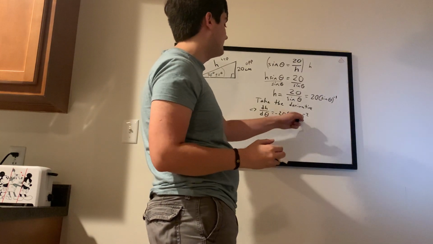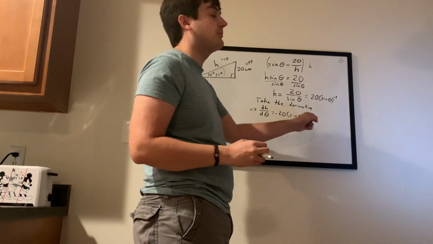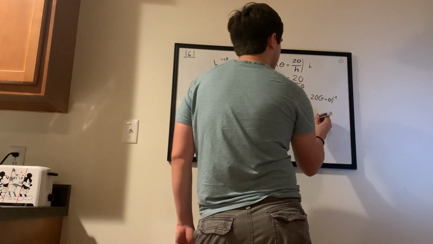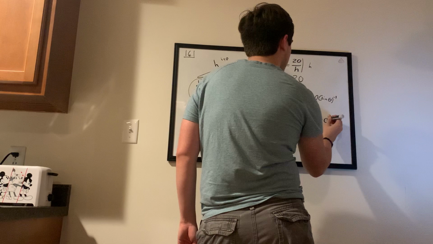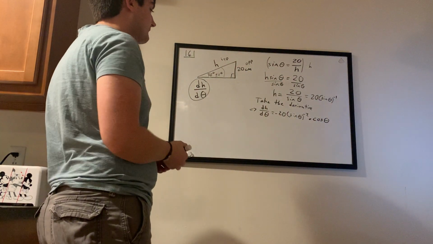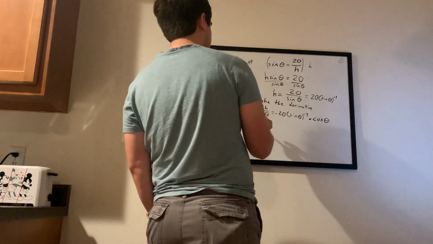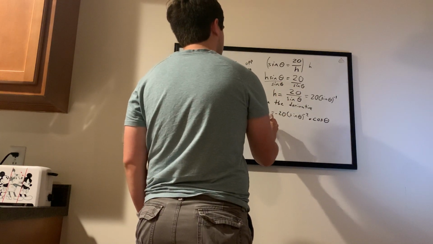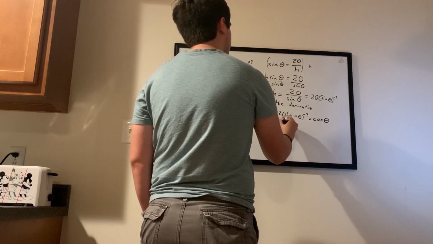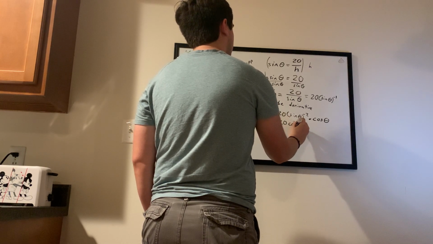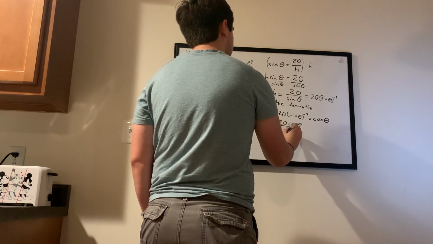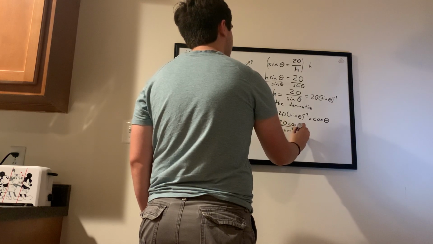Then, because of the chain rule, I multiply by the derivative of sine, which is cosine of theta. Rewriting: dh over d theta equals negative 20 cosine theta over sine squared theta.